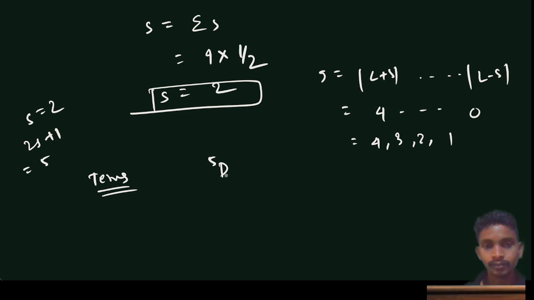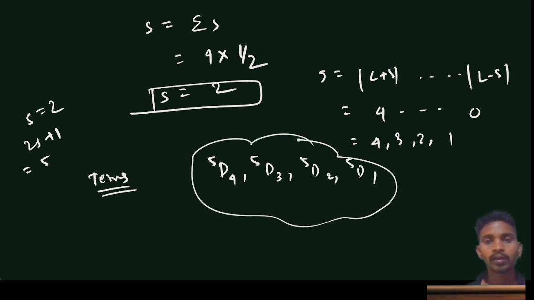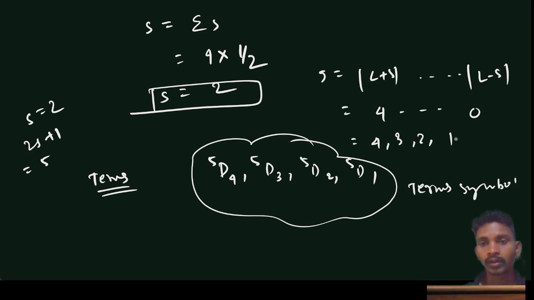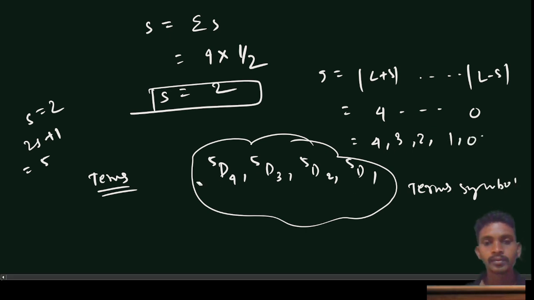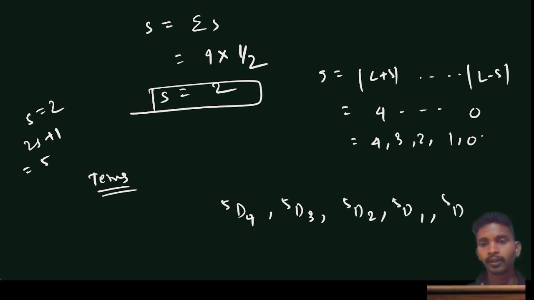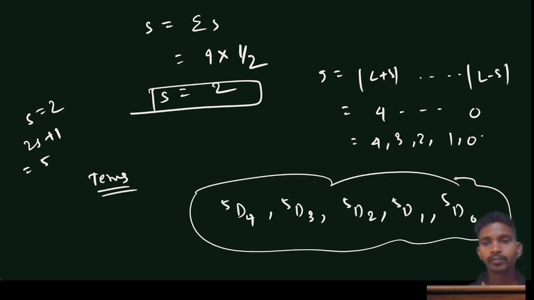So that will be 5D4, 5D3, 5D2, 5D1, 5D0. So these are the term symbols.